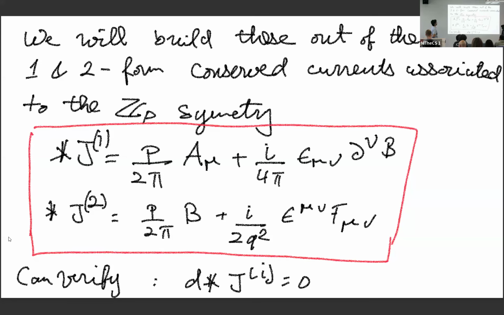Okay, so in order to build these, I'm going to use two different currents. One I'm going to call star J2. Maybe I should have changed the names of them for this talk, because using this notation isn't very useful. But this is how they're presented in the literature.